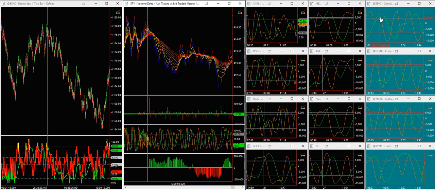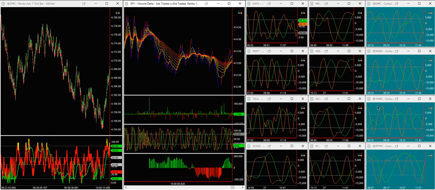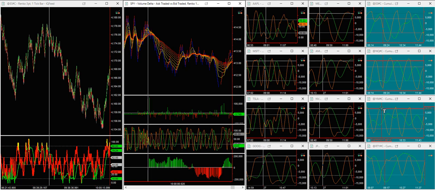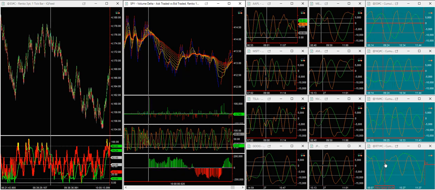Usually it works very nicely. So ES is showing this behavior, NQ is not. YM is also, at least we get 1 point to go short. RTY is not showing it.